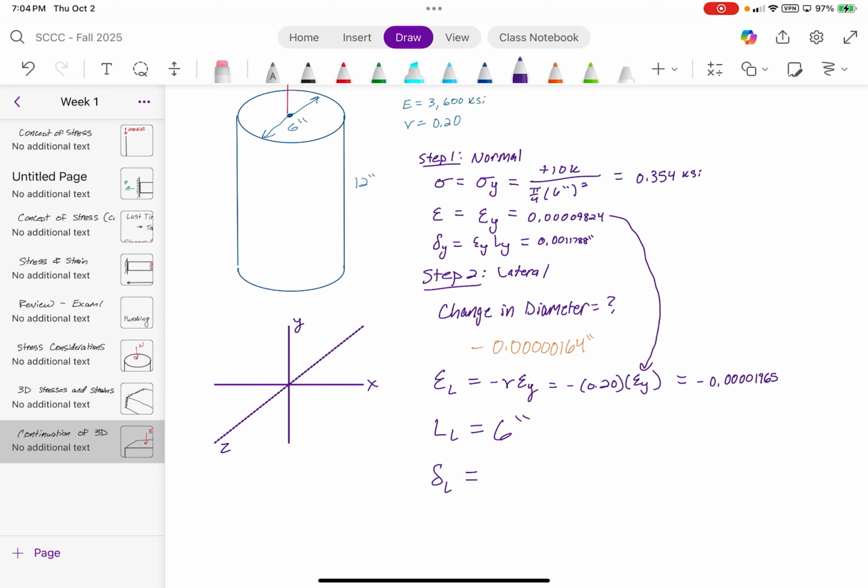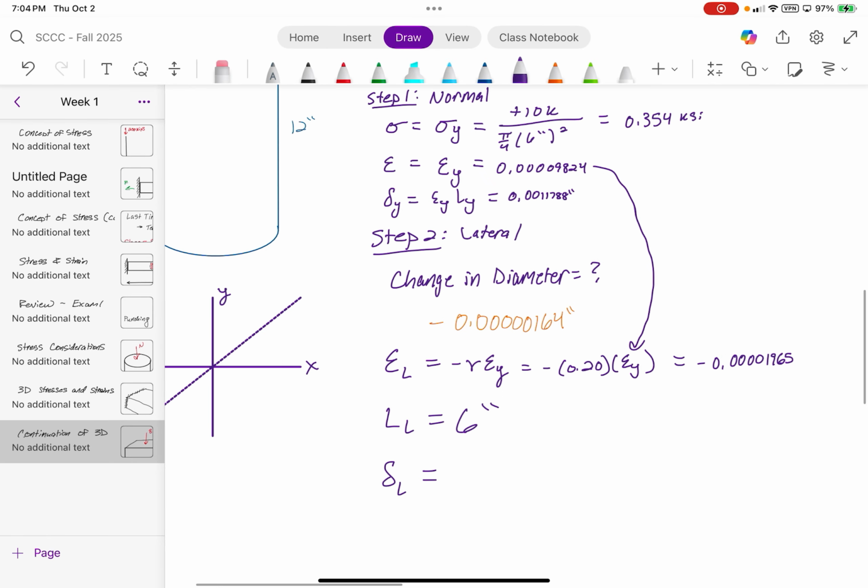If you wanted to find the change in radius, it would be 3 inches instead of 6. So you take that epsilon L, multiply it by L, and what we get is negative 0.0001788. Is that what I get? I'm trying to figure that out. 0.2 times 6.